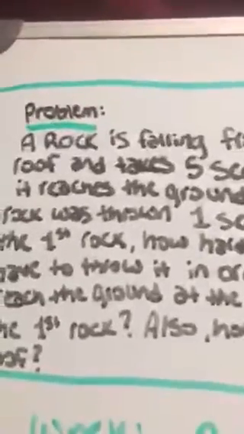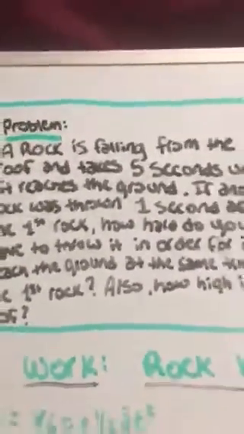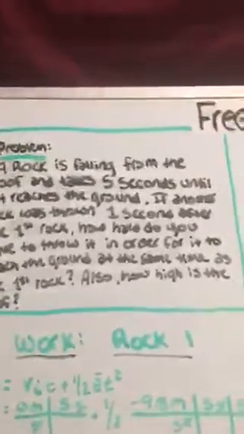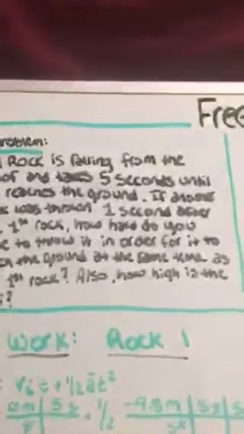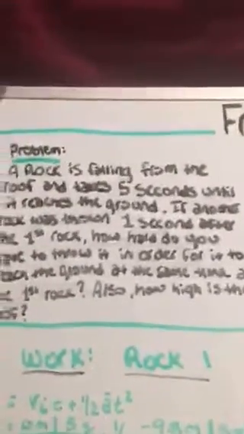So the two questions again were, if another rock was thrown 1 second after the first rock, how hard do you have to throw it in order for it to reach the ground at the same time as the first rock? So let's answer that one first.